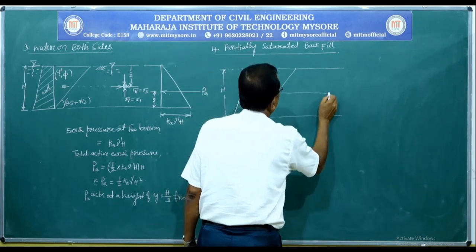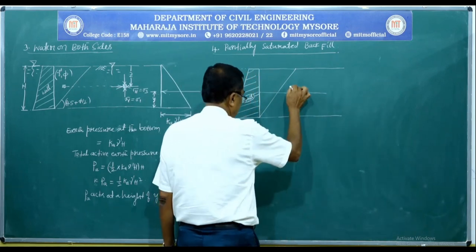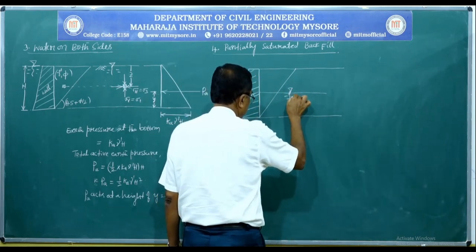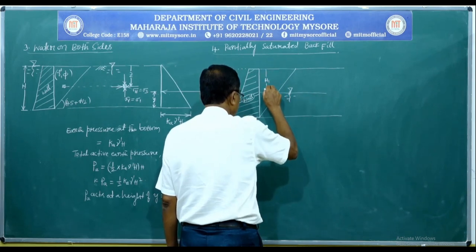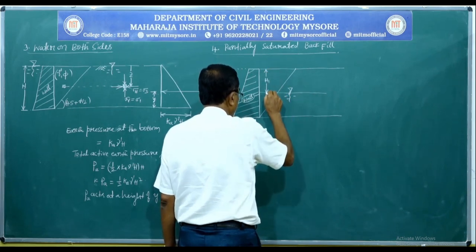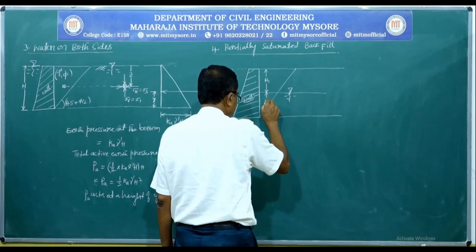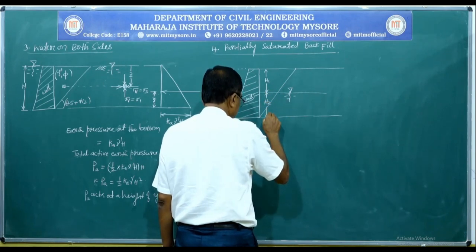Let us consider that the water table is there below the ground surface at a depth say h1 from surface, and the remaining height is h2.